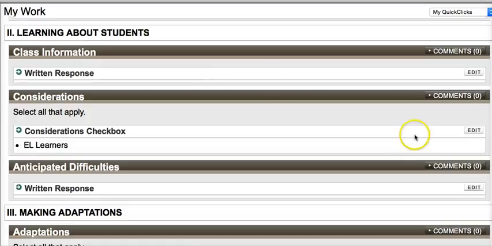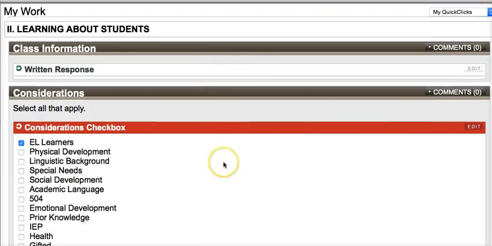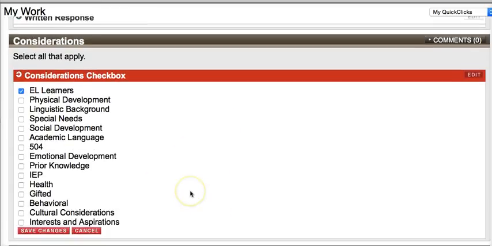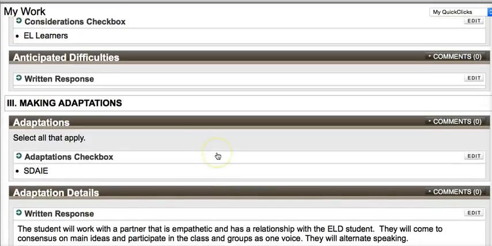Down here, while you may have all those considerations in your classroom because of who the class is, do not pick all of these, because if you do, I have to see an adaptation for every single one. In this case, you are only going to pick the EL. And then you're going to write down any anticipated difficulties with this child.